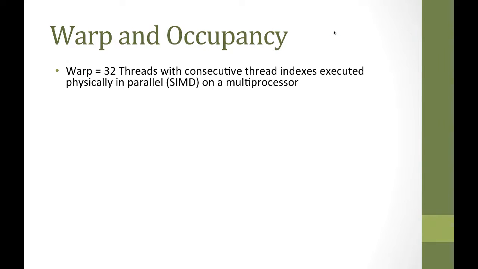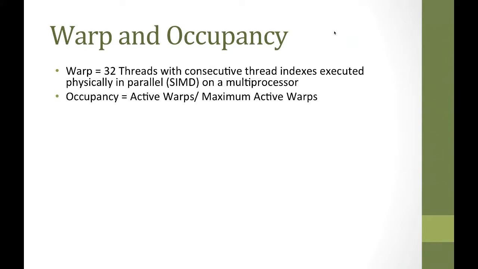A warp is a bunch of 32 threads. It's 32 contiguous threads that run physically on the multiprocessor. It looks like an SIMD thing: single instruction, multiple data, but here we have 32 data, so it's called a warp.